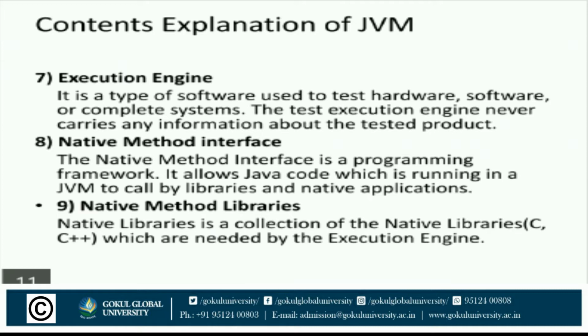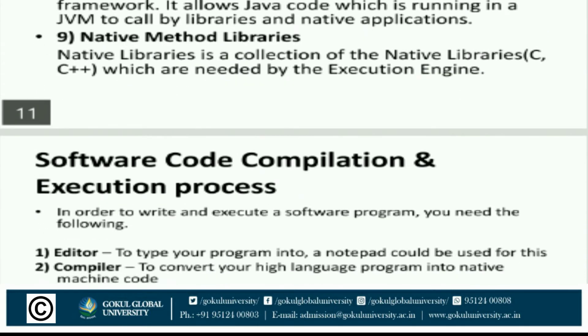The native method interface is a kind of programming framework. It allows Java code which is running in a JVM to call libraries and native applications. And last, number 9 is native method libraries. Native libraries are a collection of native libraries like C and C++ which are needed by the execution engine.